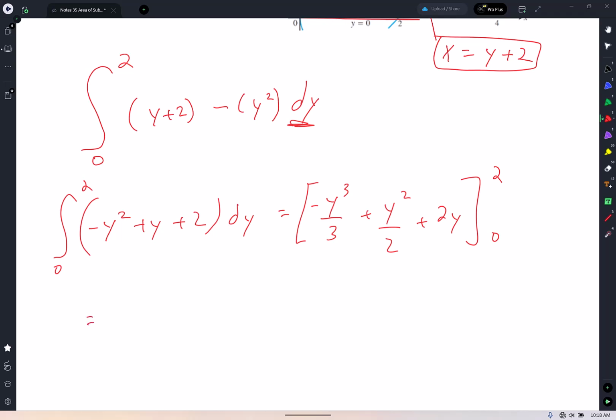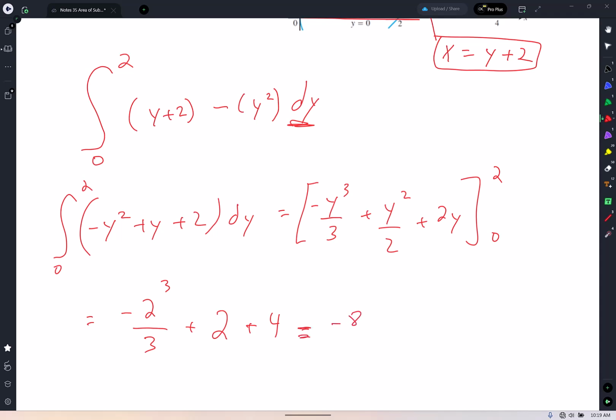So let's see what this answer is. Negative 2 to the third power over 3. It's going to stay negative, that part. Plus 2 squared is 4 divided by 2. Plus 2 times 2, 4. Upper minus lower. We have this discussion almost all the time. Fundamental theorem of calculus. Upper minus lower. Okay. 2 to the third power.